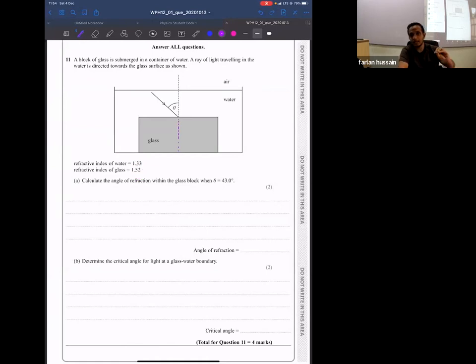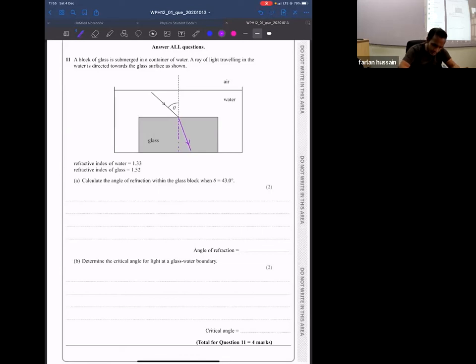The one with a higher refractive index will be the denser medium. So here it's traveling from water to glass, moving from less dense to denser medium, which means it will bend towards the normal. So I would expect a path like this.